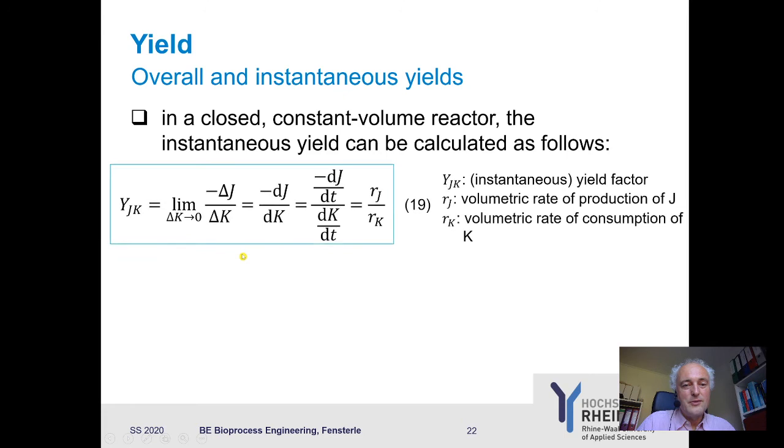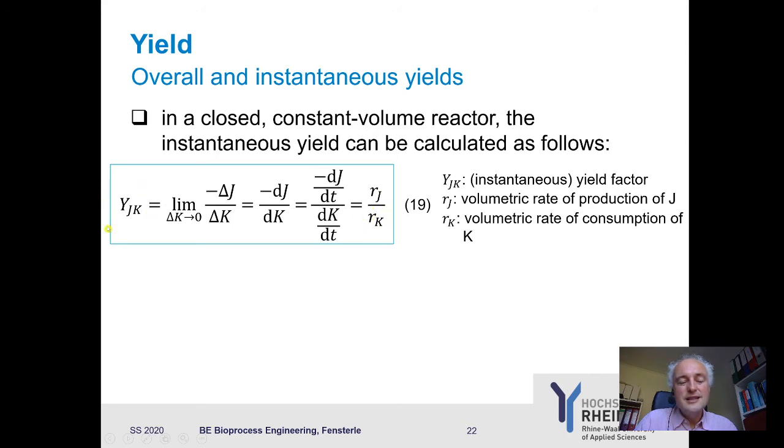So remember, with our yields, we could write a yield coefficient which is defined as minus delta X divided by delta S for the substrate which goes into our biomass production, we can write that as Rx divided by Rs.